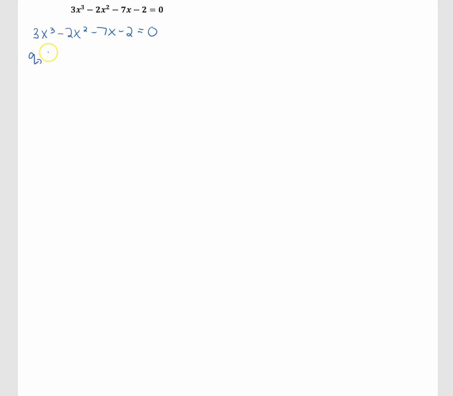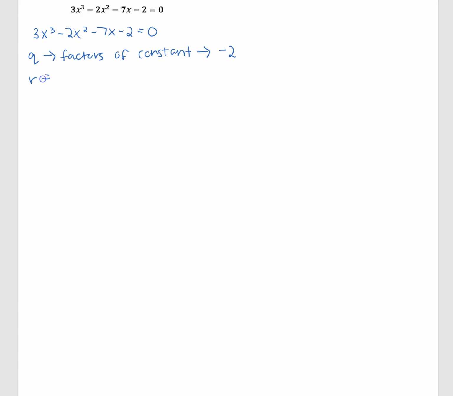If we remember, the variable q is going to be factors of the constant in our equation. So in this case, our constant is the term without x, and it's going to be -2.